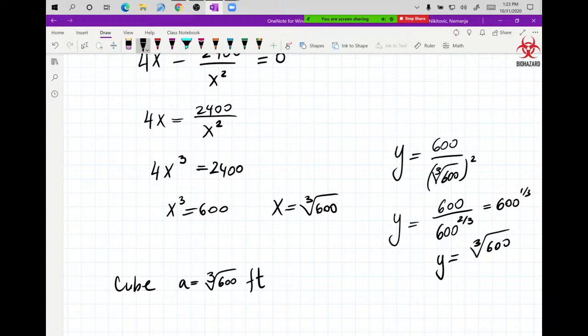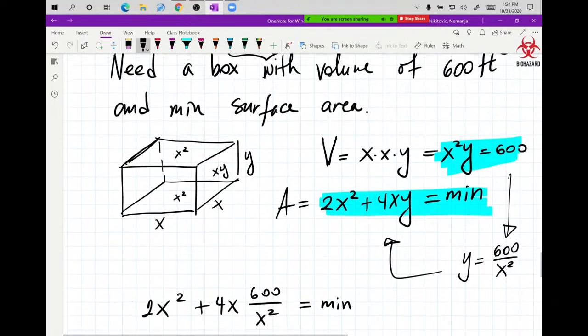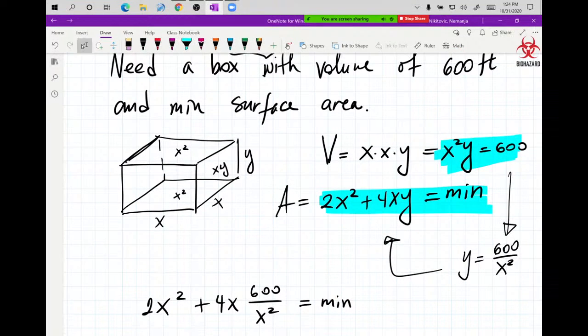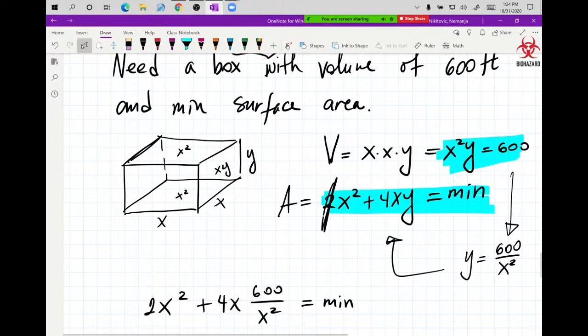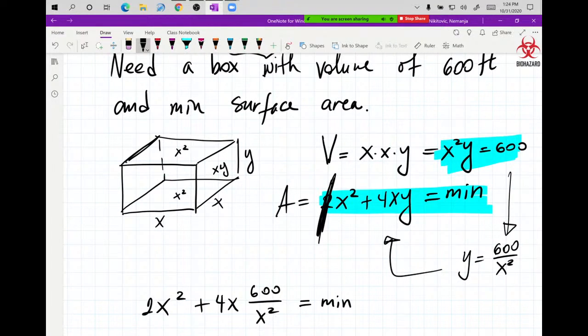We did not have any problems here, but there are modifications. A rectangular box with a square base and no top kills this symmetry, and then your calculation changes and you do not get the cube on the other end.